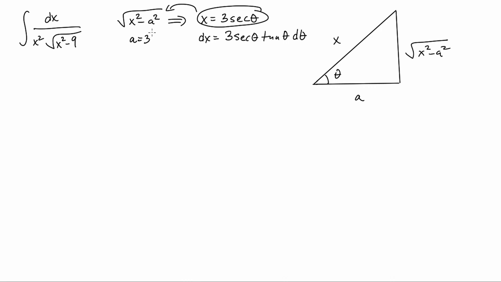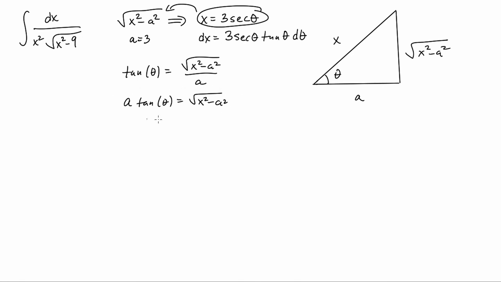According to the triangle, if you take this radical, then the tangent of this angle is the radical over the value a, which suggests that a tangent theta is the radical x squared minus a squared.